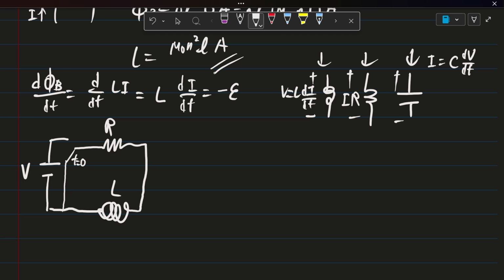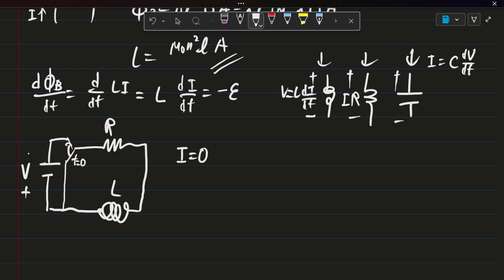This is where the condition that the current is 0 comes in, because there's pretty much no current going through. But then, let's state at time 0, we'll just switch this on. We want to figure out the change in the current. So what's the function of the current with respect to time? Let's try to solve this.